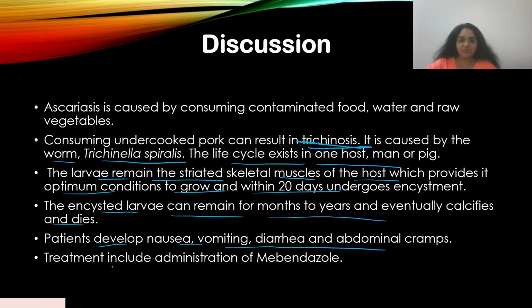The treatment includes administration of mebendazole. So if they ever ask you which disease is caused due to consumption of undercooked or raw pork, you know it's trichinosis. There is also one more disease. We'll come to that. It is caused by the worm Trichinella spiralis.